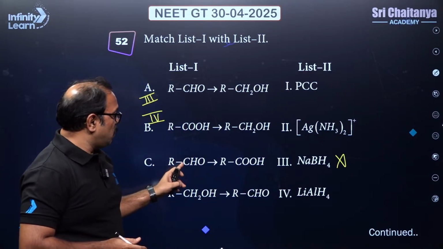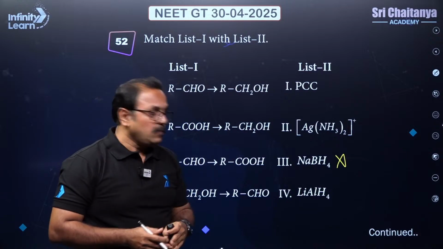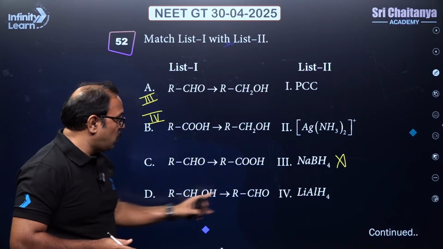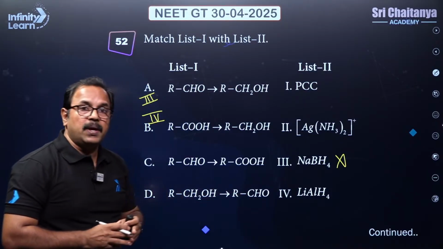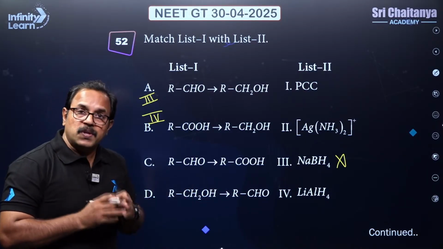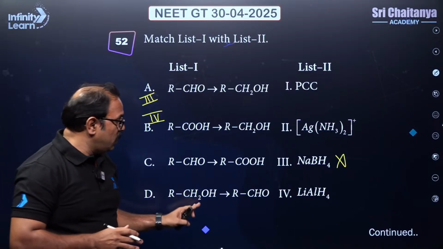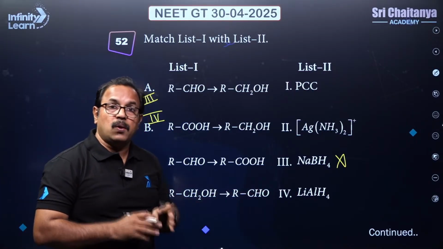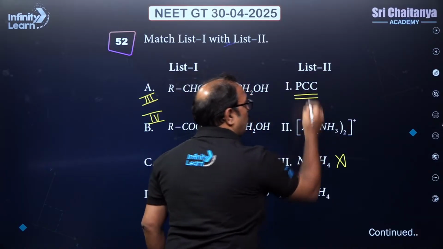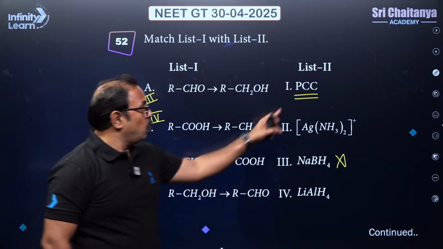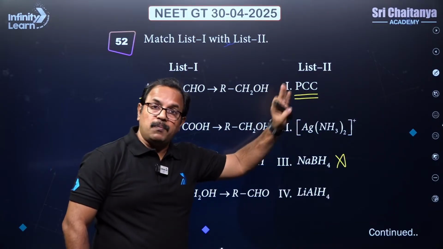Then the conversion of aldehyde to acid, and one more, the conversion of alcohol to aldehyde. Alcohol is converted into aldehyde by a specific agent which can only oxidize alcohol to the aldehyde level, not to the acid level. So we have PCC, pyridinium chlorochromate, and PDC, pyridinium dichromate.